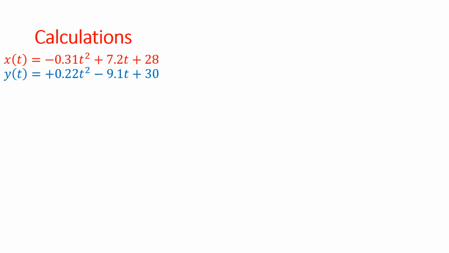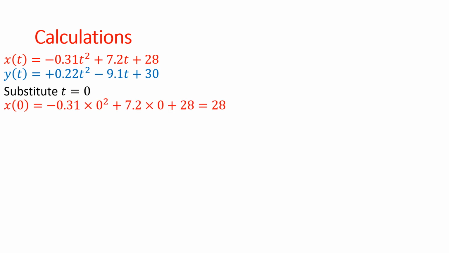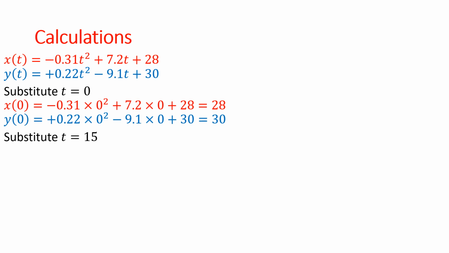Solving these parametric equations is not much difficult. Every first year student can do it, but here I have explored Maple for better understanding of this wonderful two-dimensional problem. x of t, the position, is a parametric function of time by this equation, and the other position, y of t, is also a parametric function of time, and here you can evaluate the position at t equal to 0 and t equal to 15 seconds.